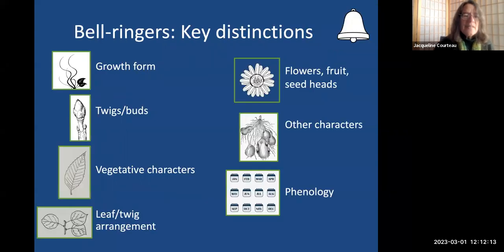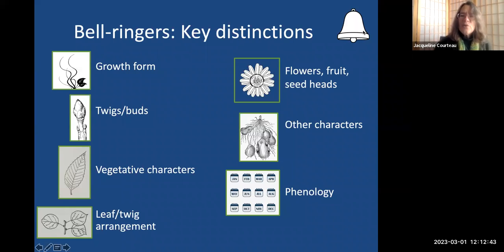So I'm going to use some symbols to try to help make this clear. I'm calling these bell ringers. Bert Barnes, who wrote Michigan Trees, used to actually have a physical bell on his desk, and he would ring the bell whenever there was a really important concept. I'm not thinking that's going to work so well on Zoom, but I'm seeing that I kind of have the symbols might be hidden. There's my bell.